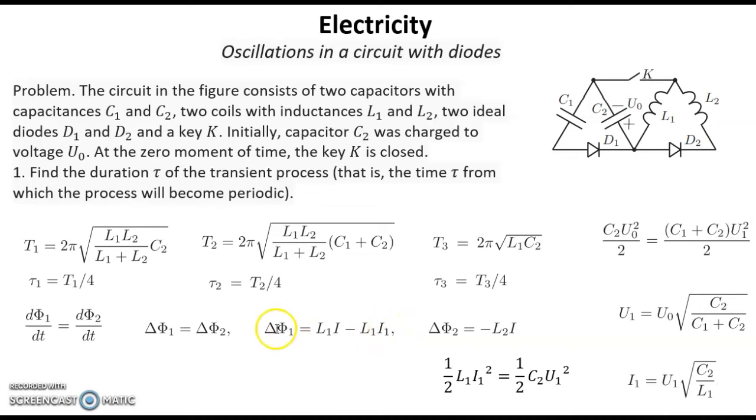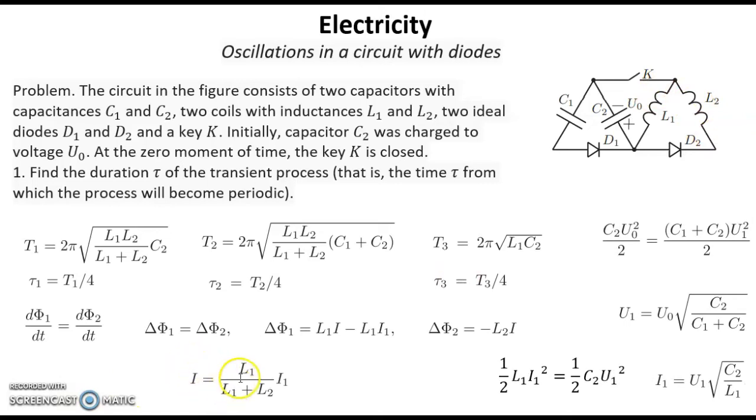So that's the total change of flux. And the change of flux 2 is just negative L2 multiplied by I. And they are equal to each other. So from this we can find the final current I, equal to this and this.